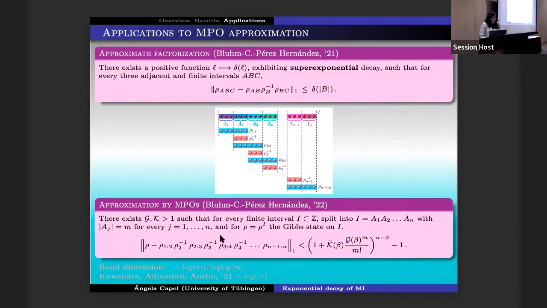This is what we've done in a preprint that we are going to post on arXiv in the next few weeks. It essentially tells us that you can approximate your Gibbs state by MPOs in this form, obtaining a bound like this.